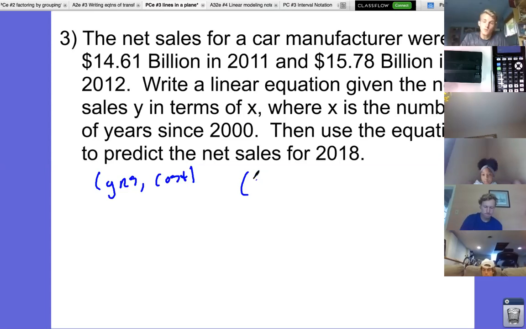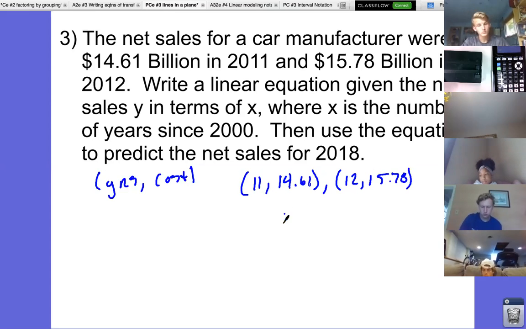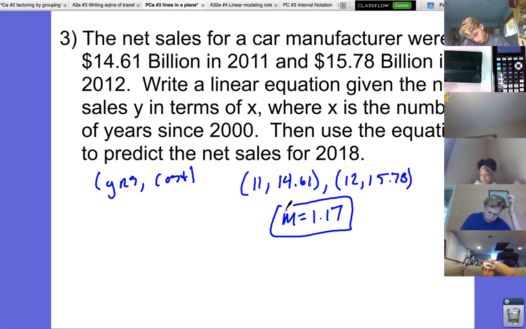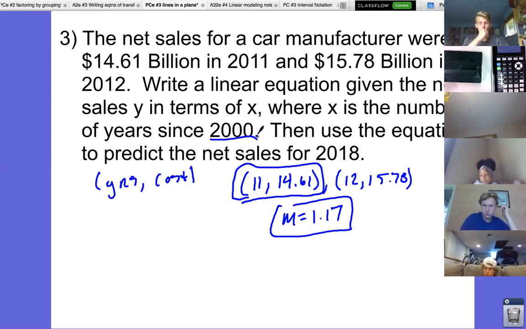So the first one has been 11 years, and it was 14.61. The second one was 12 years, and we got 15.78. So my slope is the same. My slope is still 1.17. But now that I'm writing the equation, now this accounts for the year 2000. So just from the year 2000.